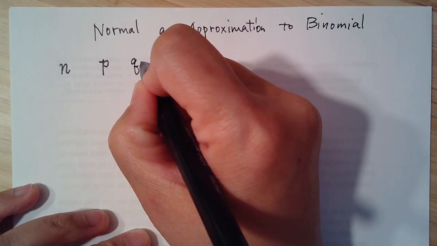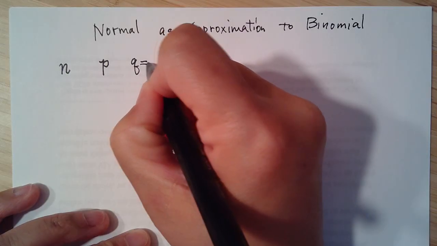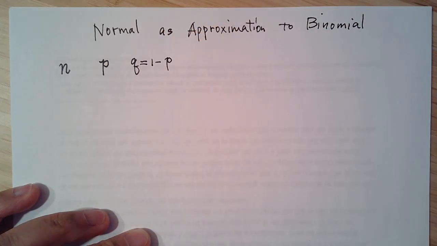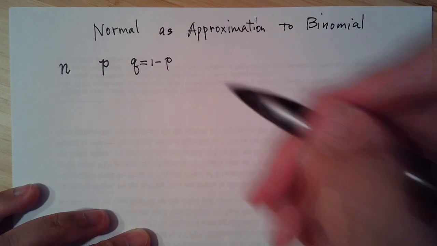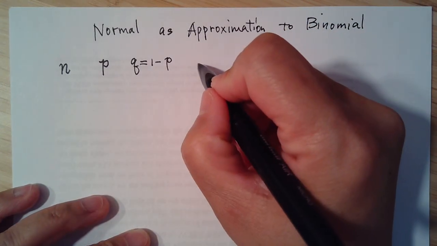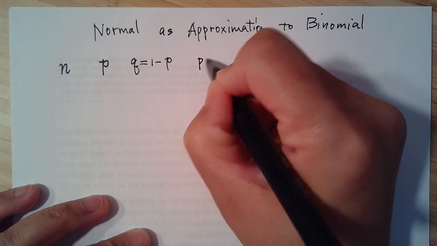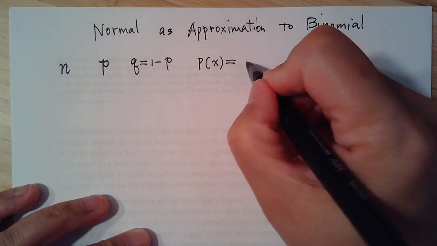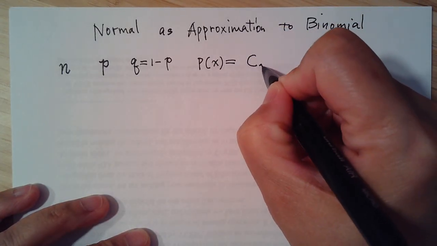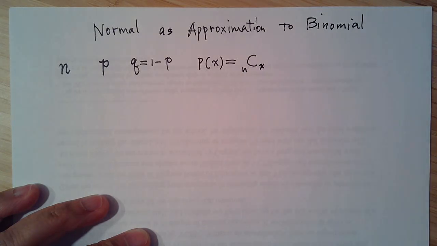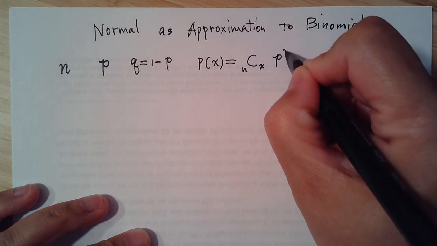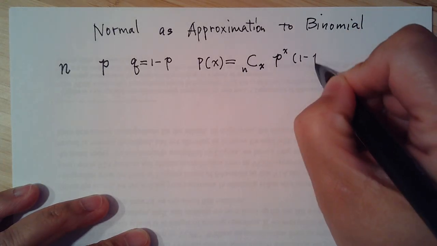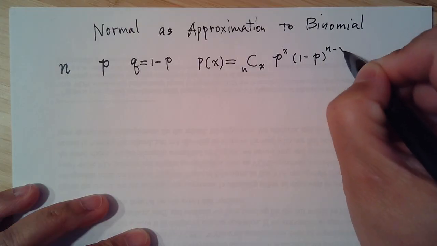The fail has probability 1 minus p. And we can look for the probability of x, which is n choose x, times p to the x, times 1 minus p to the n minus x.